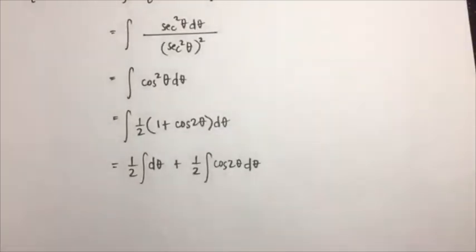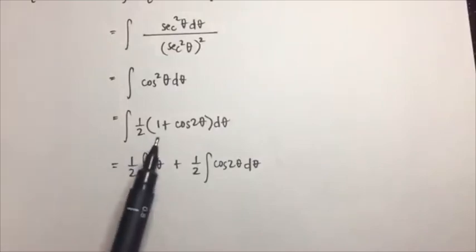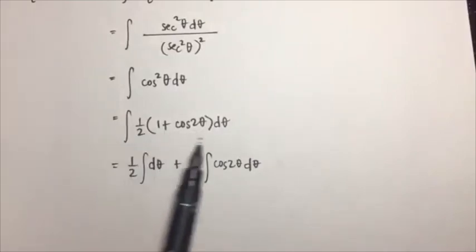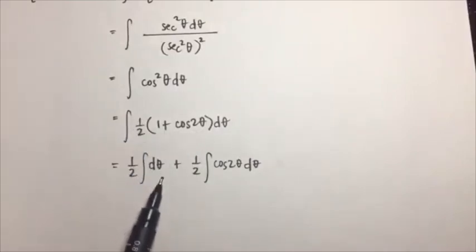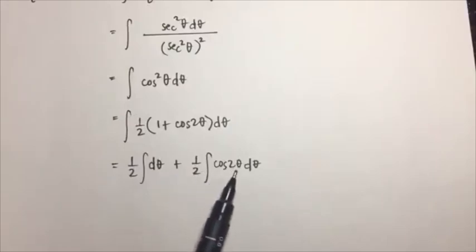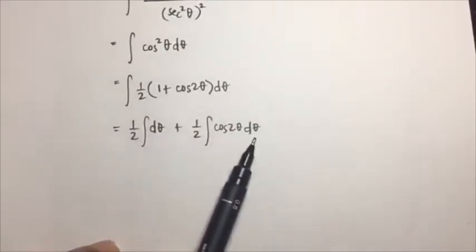Distributing this, we have 1/2 integral of d theta plus 1/2 integral of cosine 2 theta d theta.